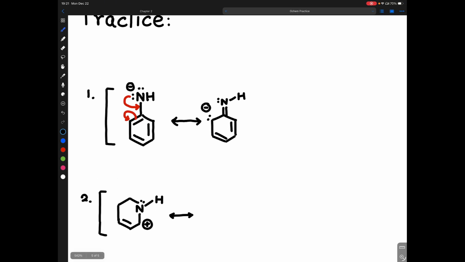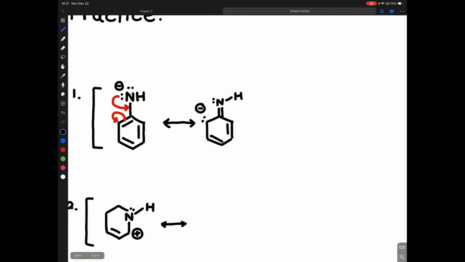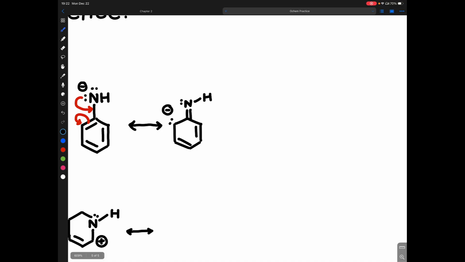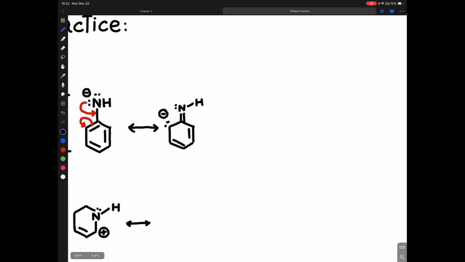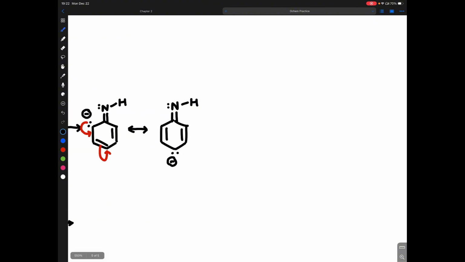So this will produce a second structure, and as you can see here, the negative formal charge was shifted from the nitrogen to the carbon, and the overall charge of -1 is still maintained. With this in mind, you can observe a similar pattern in which the lone pair here on carbon is again allylic to another double bond, which requires 2 more arrows. And the pattern is present again with this lone pair being adjacent to that double bond.